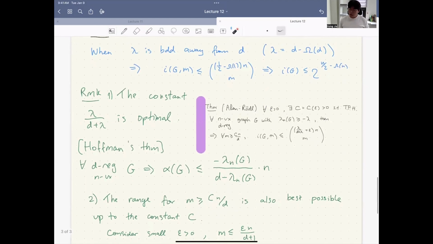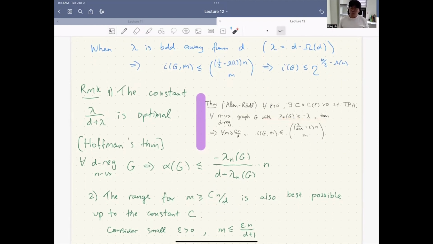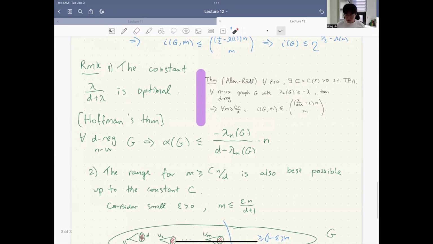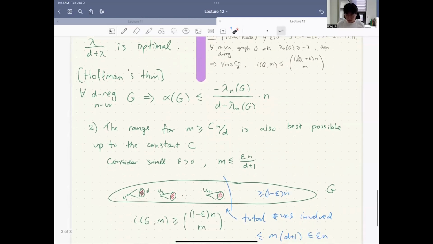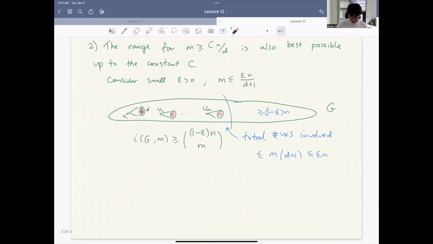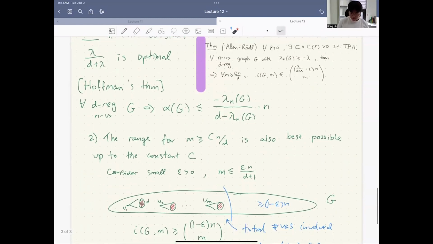We are given the eigenvalue spectral information of G. So when we have spectral information of G and someone talks about supersaturation, the first thing that should come to our mind is the theorem that we mentioned a few weeks ago, the expander mixing lemma. And the one we can use, for example, is Alon-Chung's expander mixing lemma that I mentioned before.